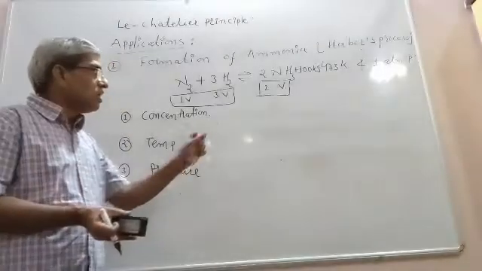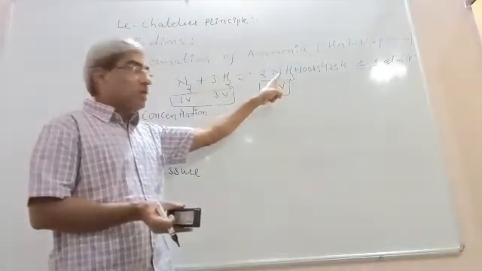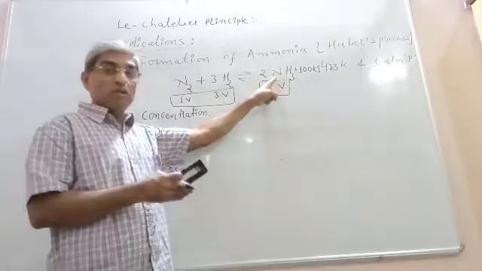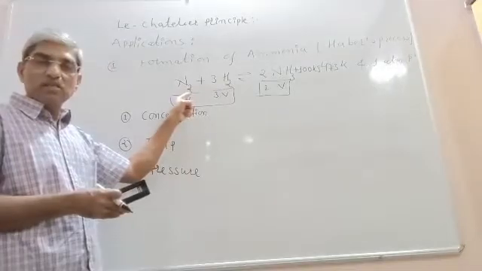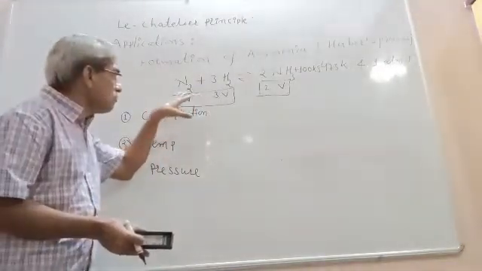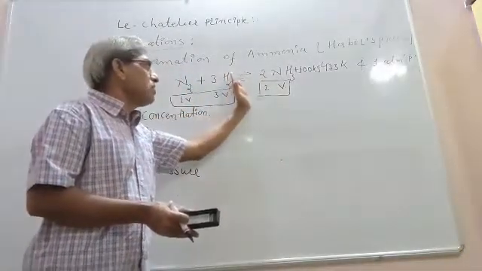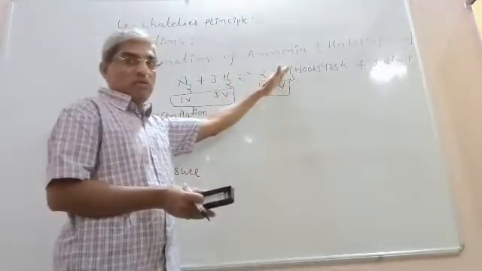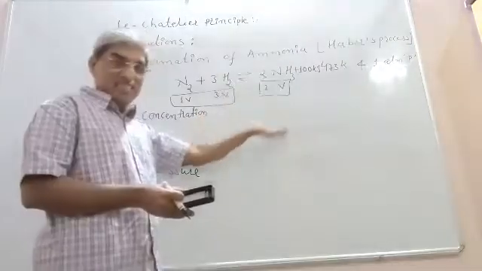Therefore, our aim is to form a good amount of ammonia. Then do we have to increase or decrease the pressure? We have to increase the pressure. As the pressure of the system increases, the equilibrium shifts towards ammonia, because formation of ammonia takes place with a decrease in volume.